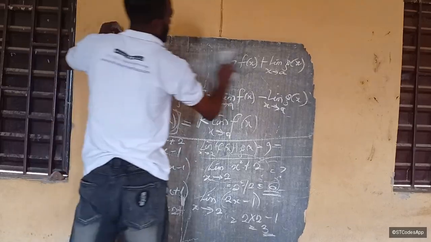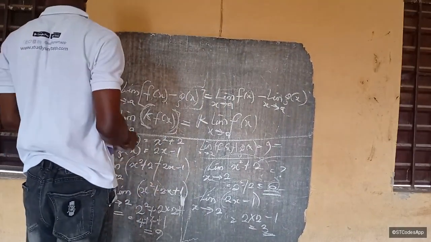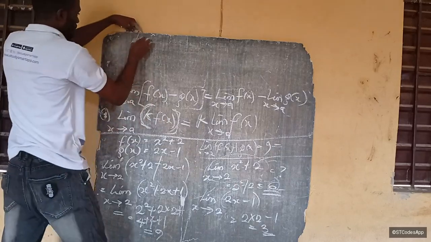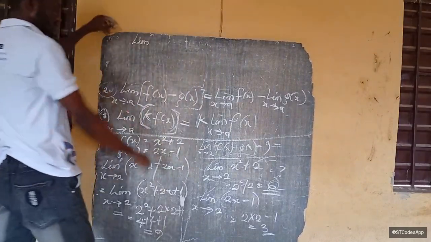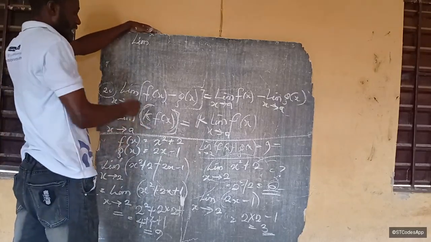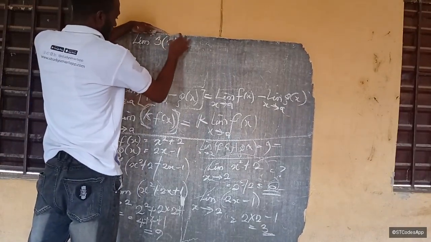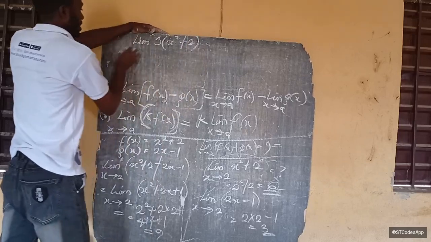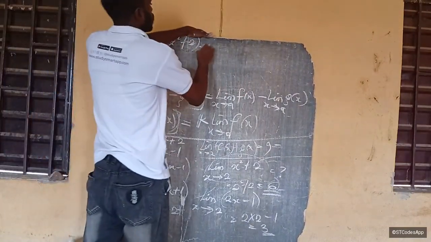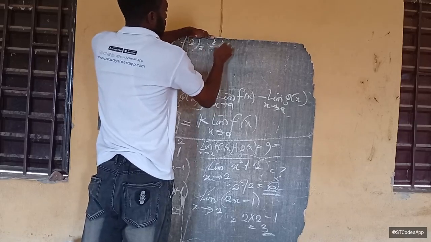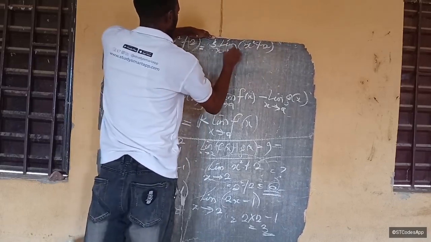Now, for the third row, we're basically saying that, let's say f of x is x squared plus 2. I want to multiply a constant by it. So the limit of 3 into bracket x squared plus 2 as x approaches 2 should be equal to 3 times the limit of the function x squared plus 2 as x approaches 2.